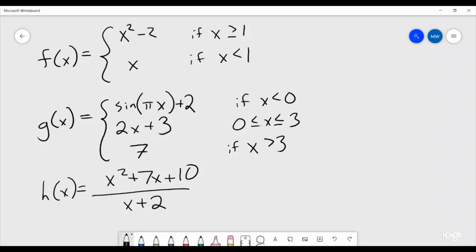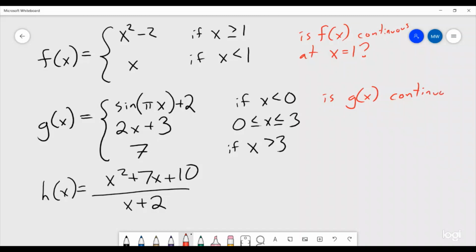The question is, are these functions always continuous? So maybe for f of x, is f of x continuous at x equals 1? Or for g of x, is g of x continuous at x equals 0?